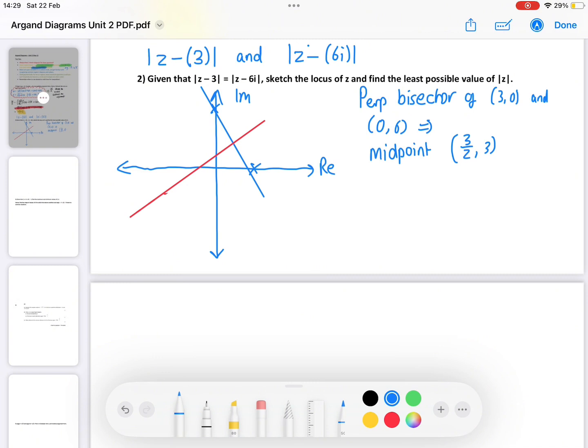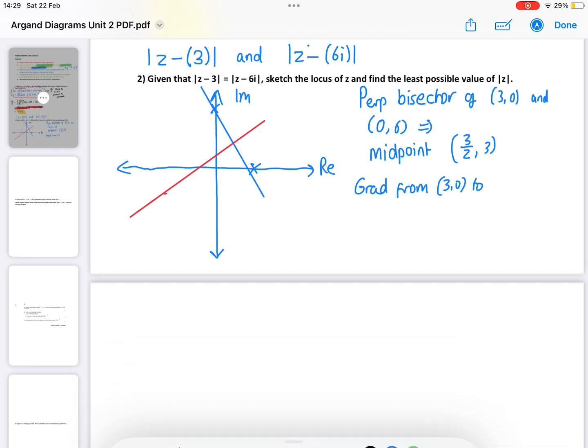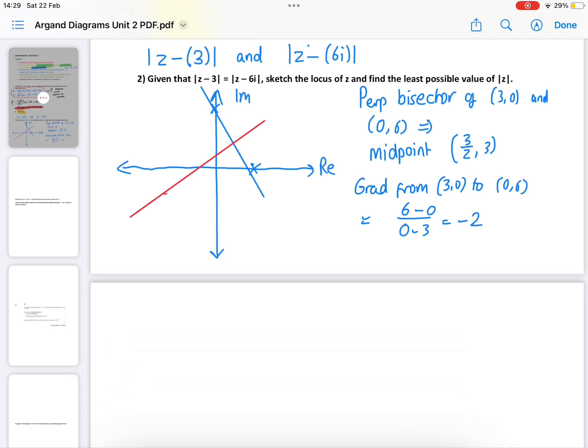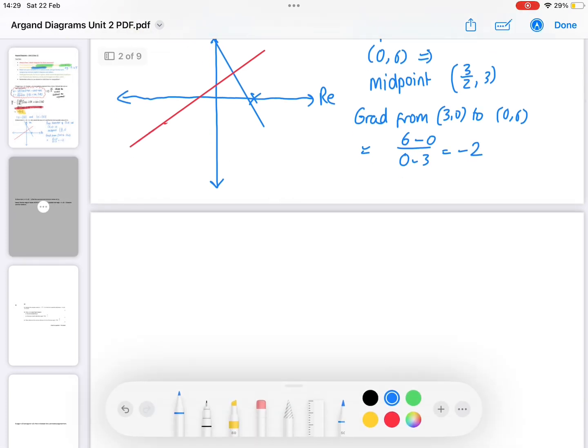And if we work out the gradient from 3, 0 to 0, 6 line segment, then it's going to be 6 minus 0 over 0 minus 3, which is minus 2. So the gradient for the perpendicular bisector is going to be 1/2.